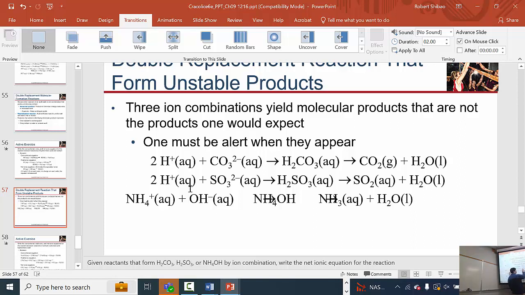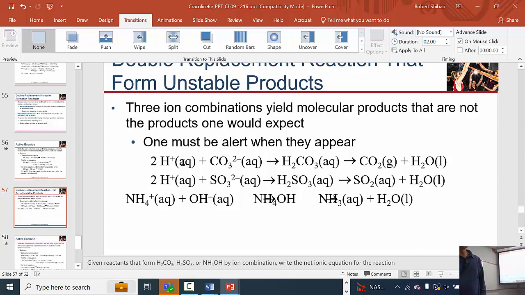This one's not as common. Hydrogen ions and sulfite make sulfurous acid. This one is encountered a lot less. And then this one: ammonium ions and hydroxide ions make ammonium hydroxide. Ammonium hydroxide decomposes into ammonia and water. But for sure, the top one, you need to know.